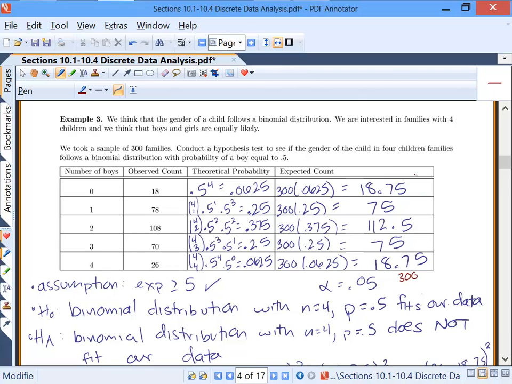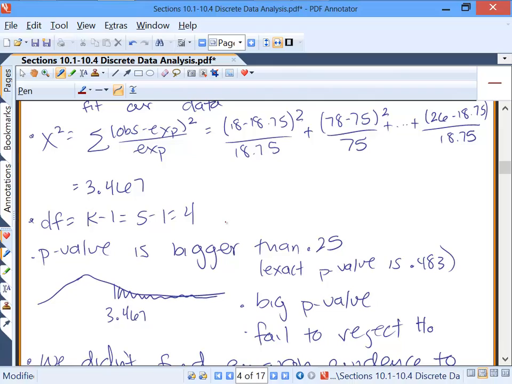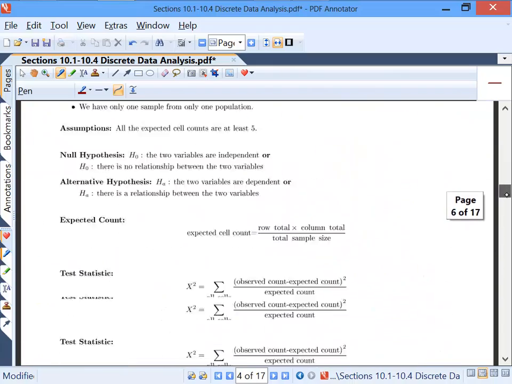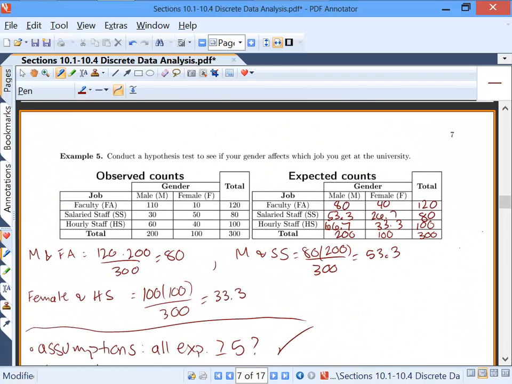You would only have to know 4 of the numbers, and then you can subtract from 300 to get the last one. So on this one, my degrees of freedom should be 4, which is what the formula gives us. You can think of degrees of freedom as how many cells you would actually have to figure out before you could just find the rest from the totals.